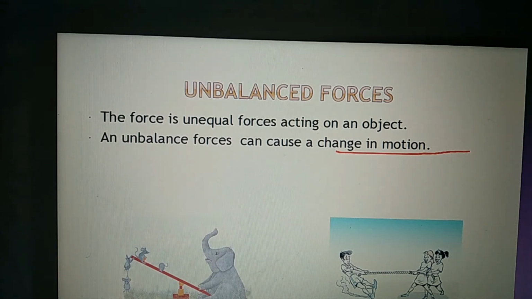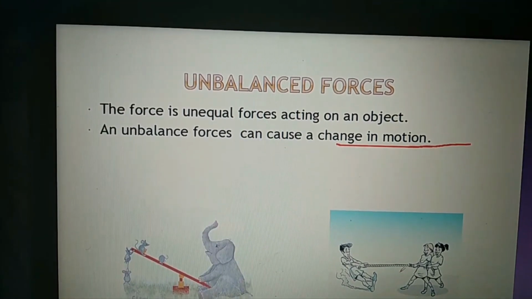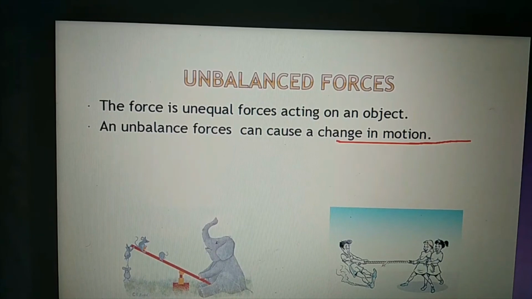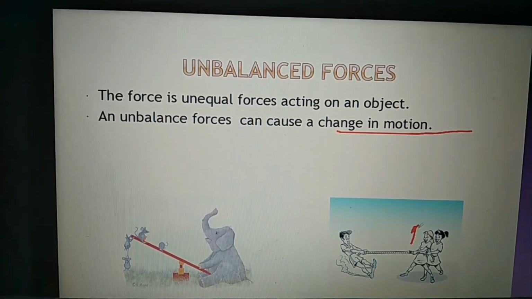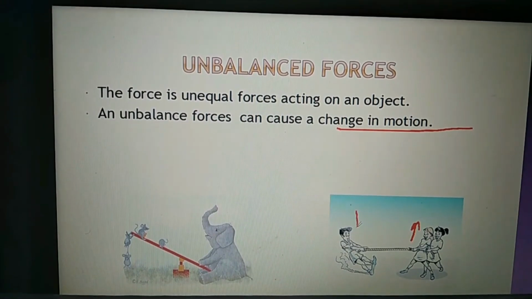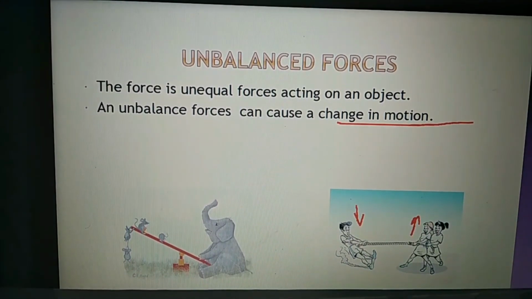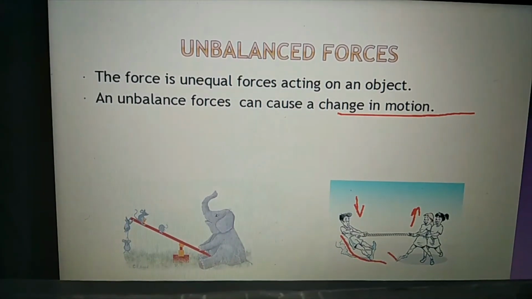Look at this picture. So what's going to happen? The object is going to move towards the higher force. This one has more force and this side less force. So as the force acts on this side, you can see the object moving towards this side.